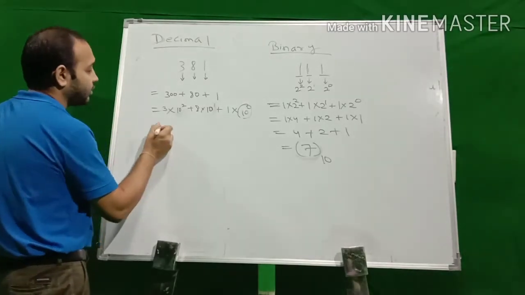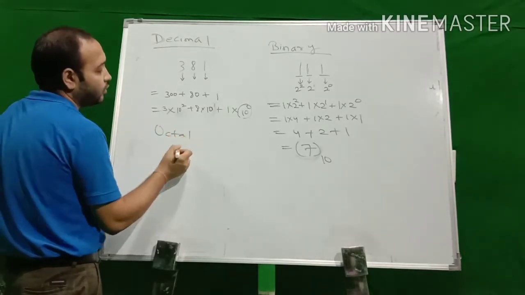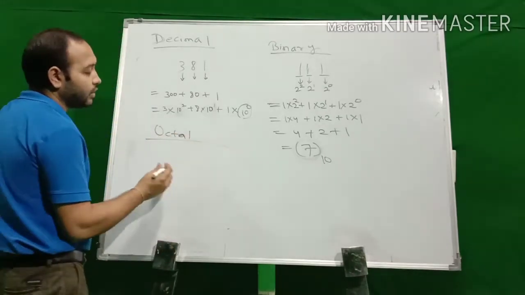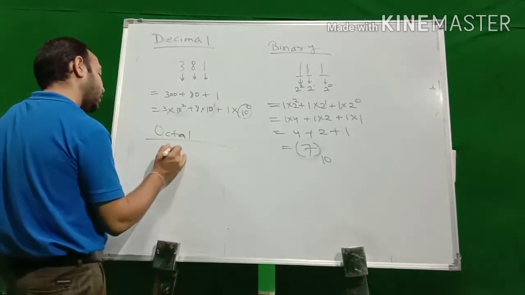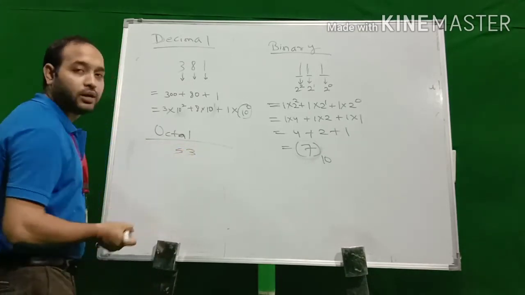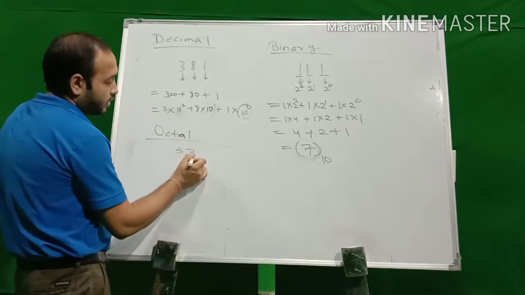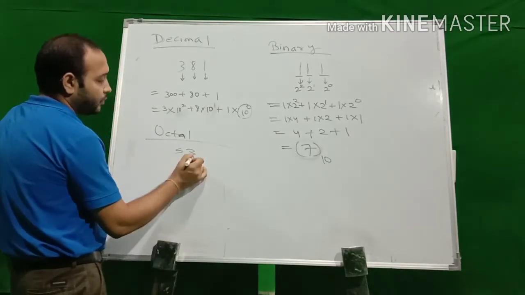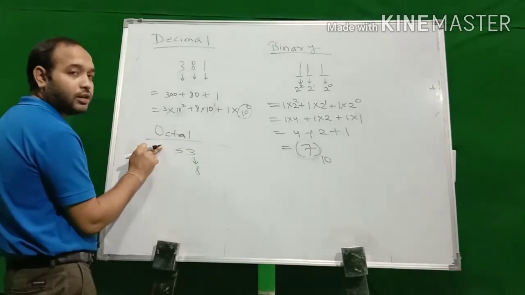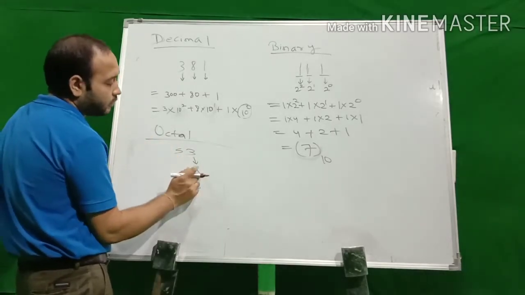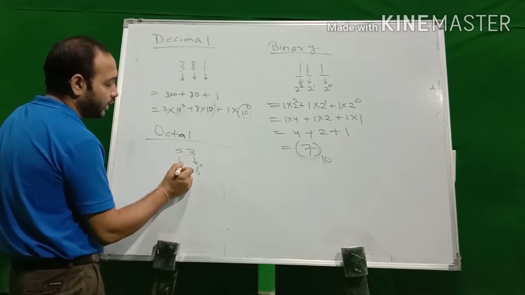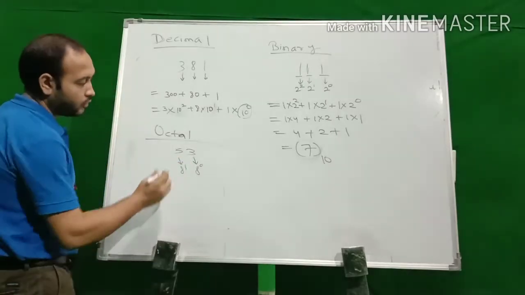I will write the normal form of the number system. Suppose you go for an octal number, suppose I write 53. Now again the position of this unit place is 8 power 0. Now the position of this will be 8 power 1. Why?